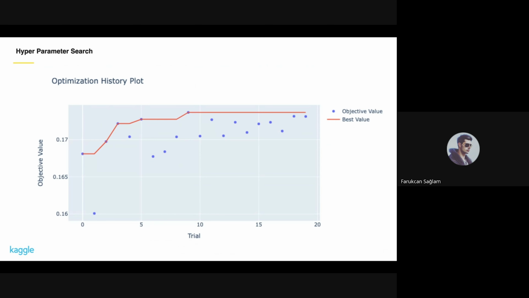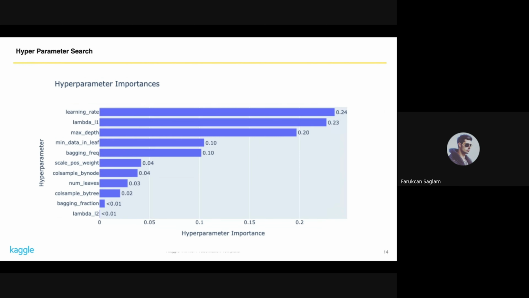Hyperparameter search, I used Optuna, as I said. You can see that it works very well. It increases the partial area under the curve over iterations with selecting best feature combinations. And the most important hyperparameters are those associated with regularization.